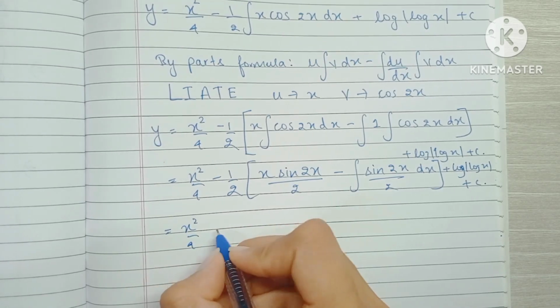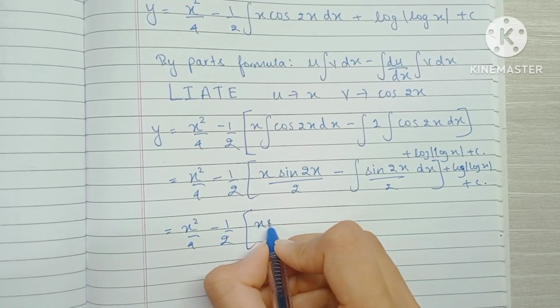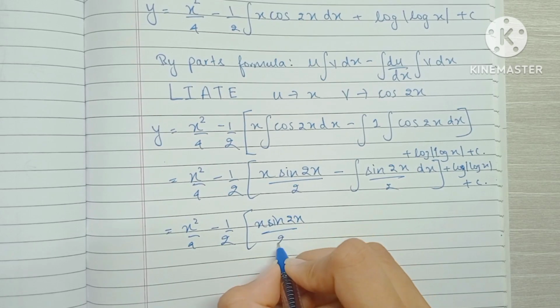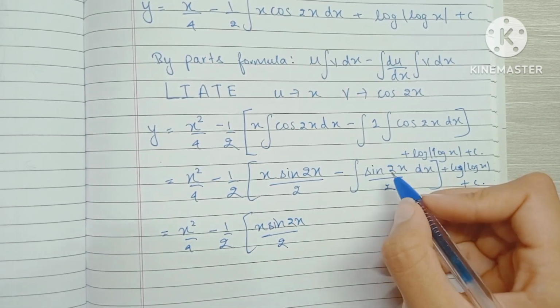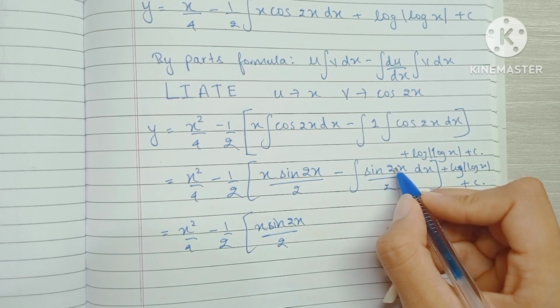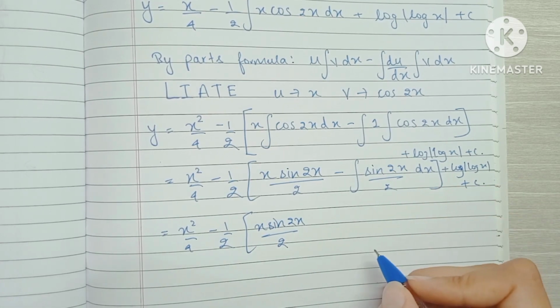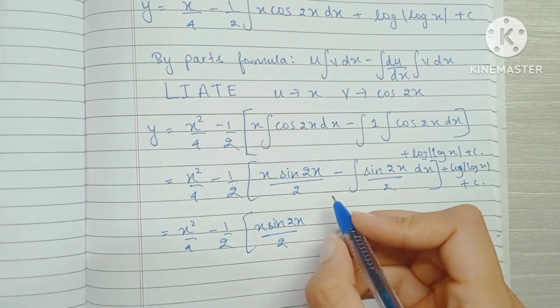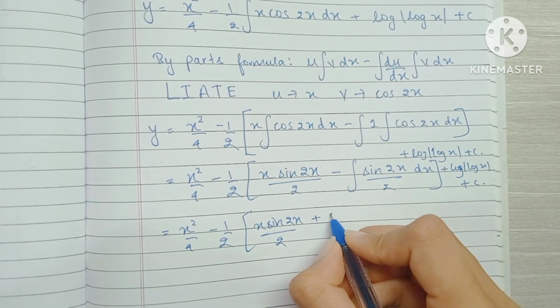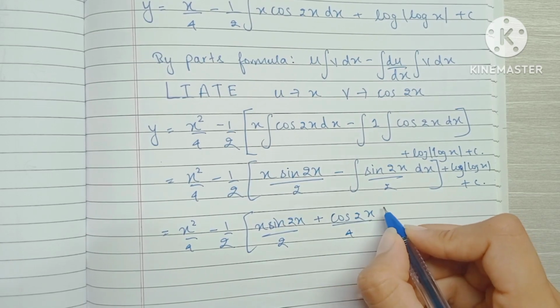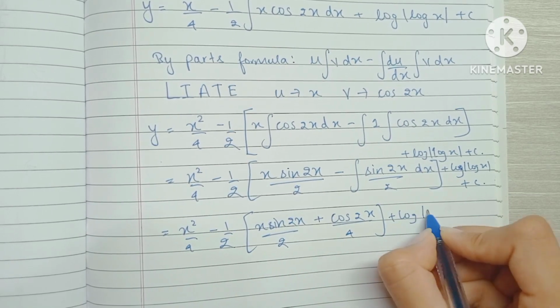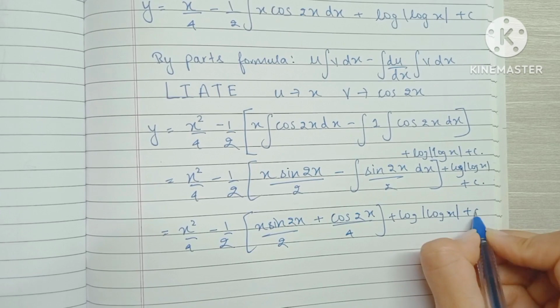So x square by 4 minus half x sine 2x upon 2, and the integration of sine is minus cos, and again we have the coefficient of x, which is going to again come in our denominator. So that will be 2 into 2, which is 4. So this becomes plus cos 2x upon 2 into 2, 4, plus log mod of log x plus c.